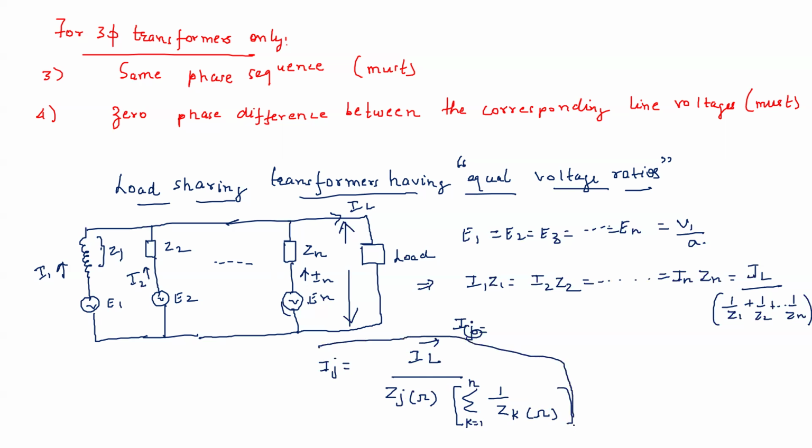In this way you can find the current shared by a particular transformer out of the total load current, when they have exactly equal voltage ratios.